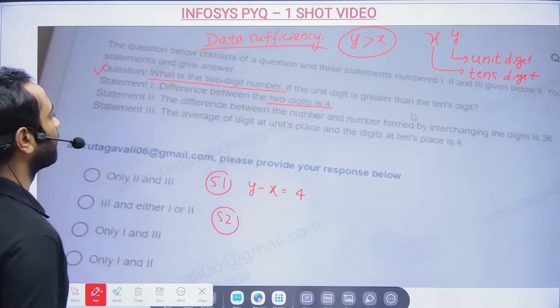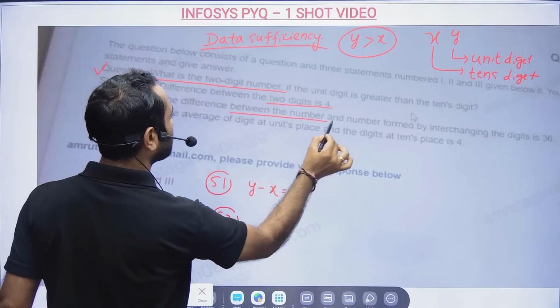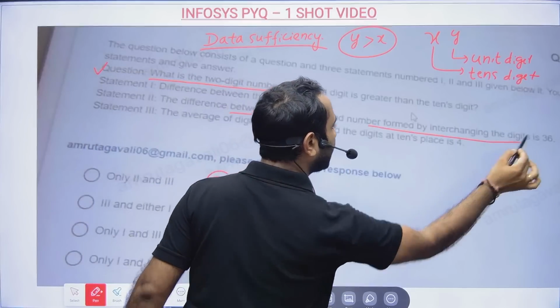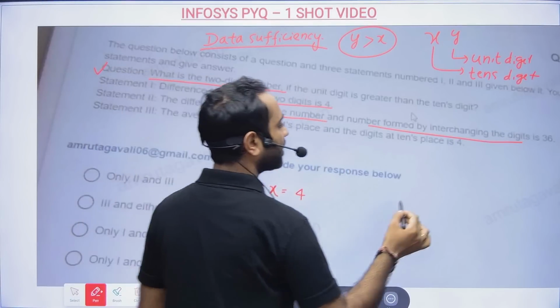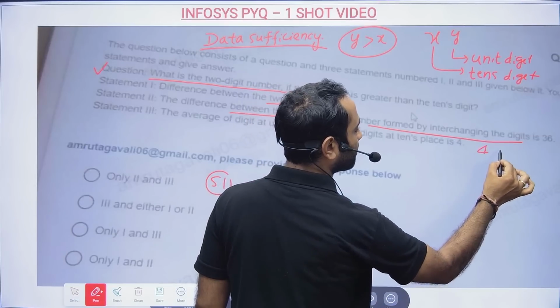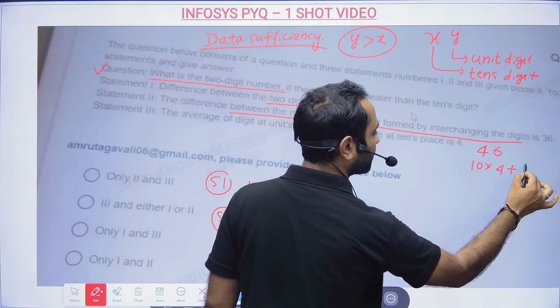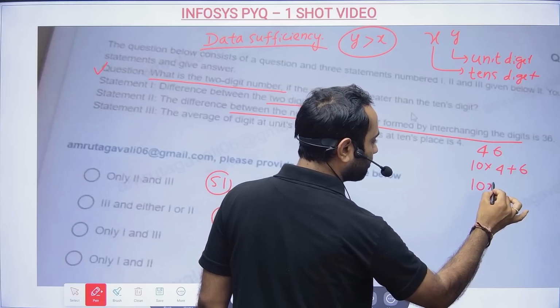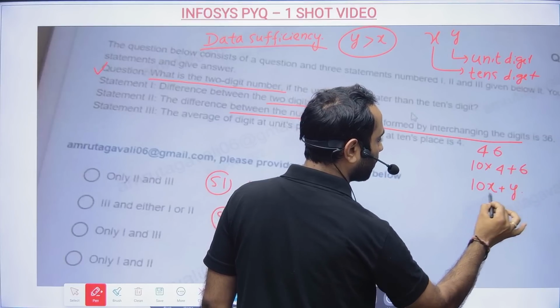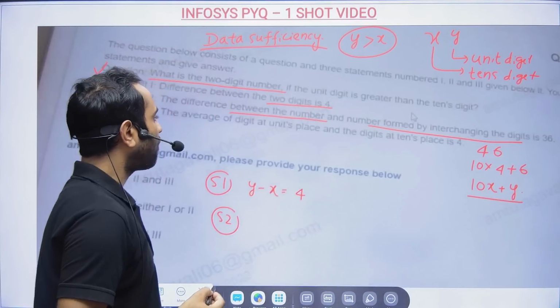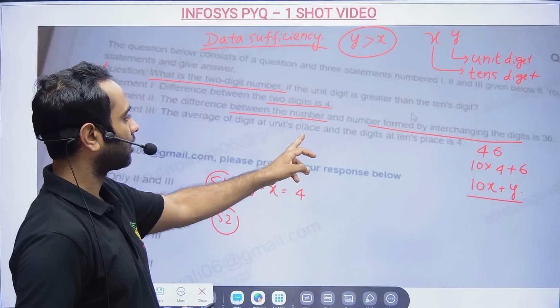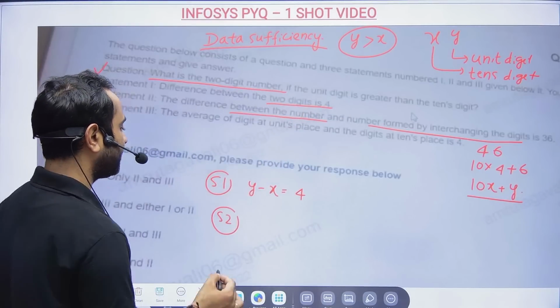Now statement 2. The difference between the number and the number formed by interchanging the digits is 36. Now, if you have a 2-digit number, suppose 46, how will you write? So 10 into 4 plus 6, 46. That means any 2-digit number will be in this form. Now what they're telling, the difference between the number and the number formed by interchanging the digits.